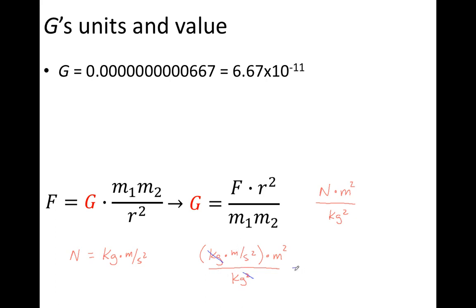What's left over, I have meters times meters squared, that gives me meters cubed. In the denominator, I'm going to still have kilograms. Kilograms did not completely cancel out. And I'm going to have divided by seconds squared. So that goes in the denominator. These are the units that Positive Physics will accept for the units for G.